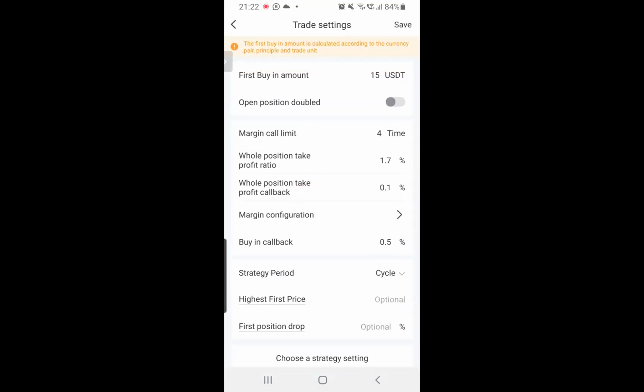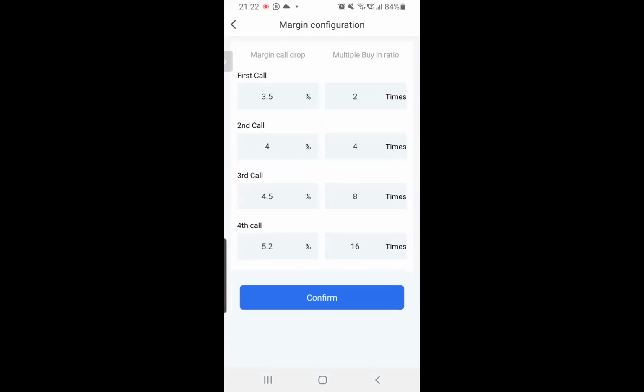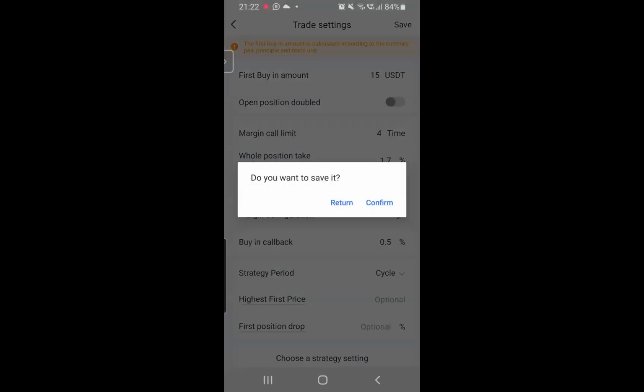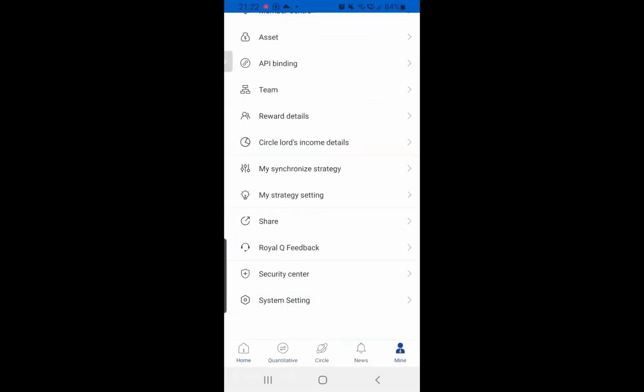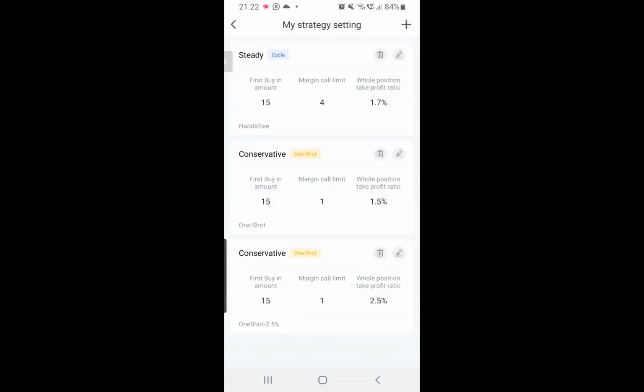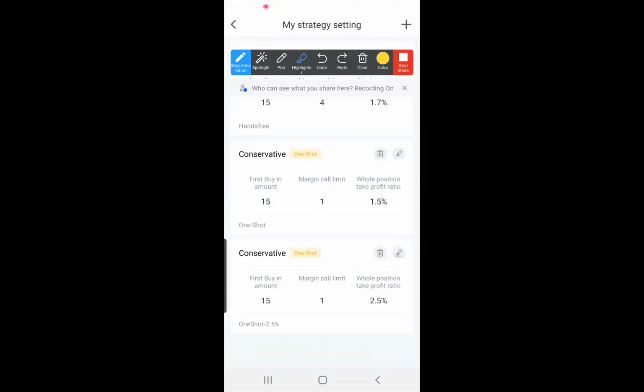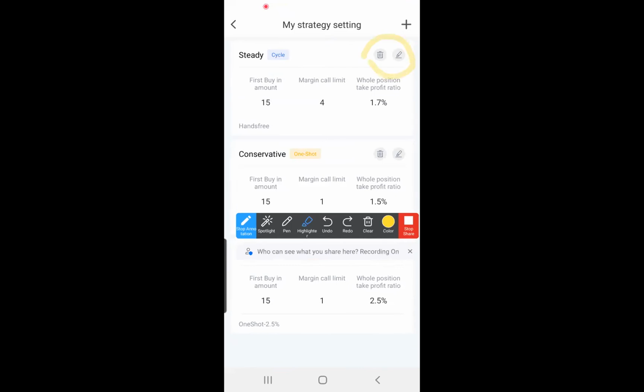Now, since you have already done all this, oh, sorry, I missed something. I missed going to margin configuration. So let me go back to my strategy setting and go to hands-free to edit it. So I click on edit.